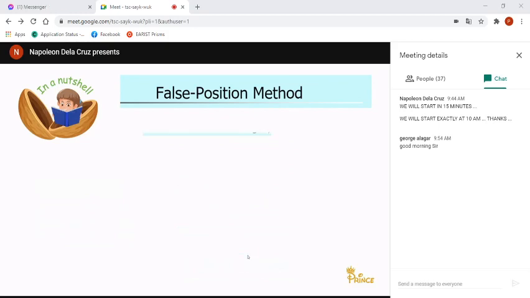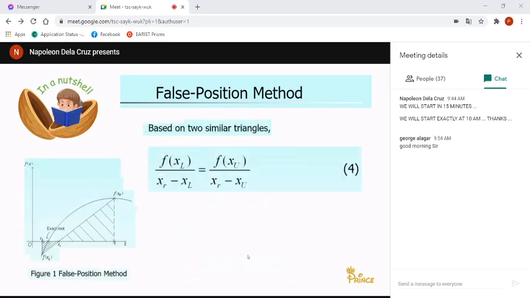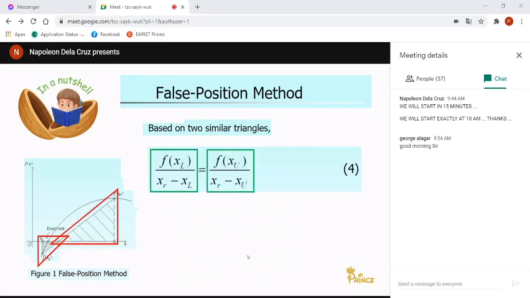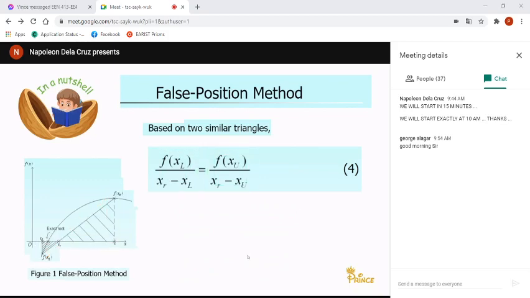Based on the two similar triangles, that's one. And the other one, ulitin ko. Ito yung ating f(x). Ito yung assumption natin na xl, and then this is the xu. Then you intersect the points wherein the assumed xl and the assumed xu intersect with the graph of f(x).